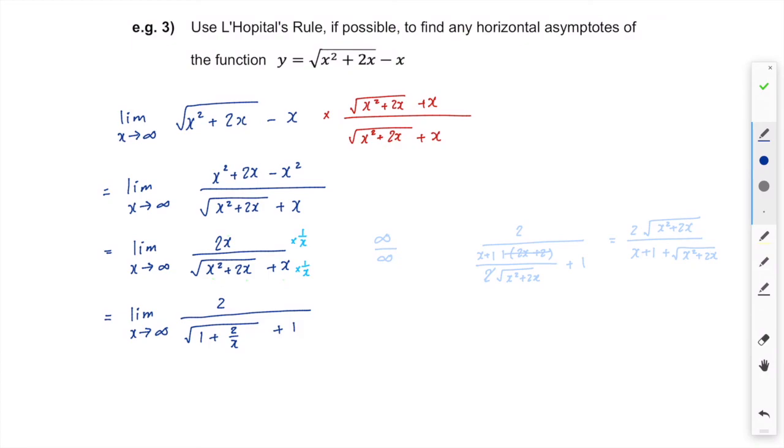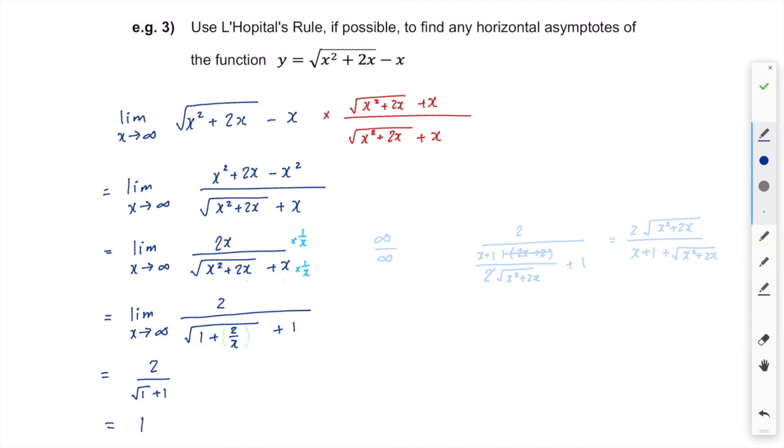So instead of using L'Hopital's rule here, we can actually further simplify our rational expression. And so when I evaluate this limit, the only place that I need to worry about is the 2 over x here. But I know 2 over a really big number near infinity is 0. And so I have 2 over, really, 1 plus 1, which is 2 over 2.